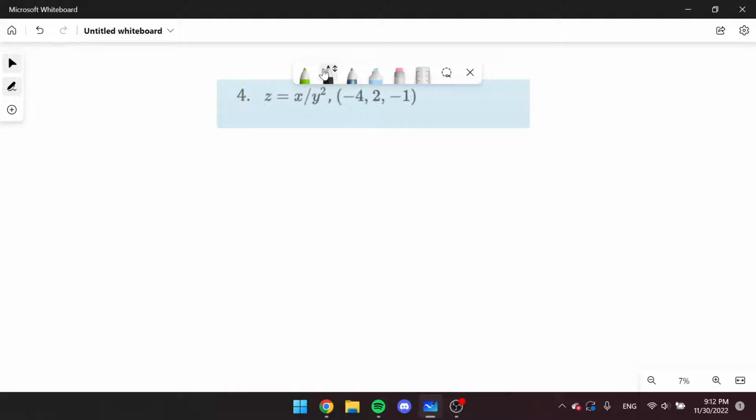So the first thing that we can go ahead and do is take the partials of this function. So partial with respect to x, not too bad, just 1 over y squared. That might not jump out at you, but if you worked it out on paper, it should be pretty easy, I think. And then with respect to y, that should be negative 2x over y cubed, if I remember correctly.